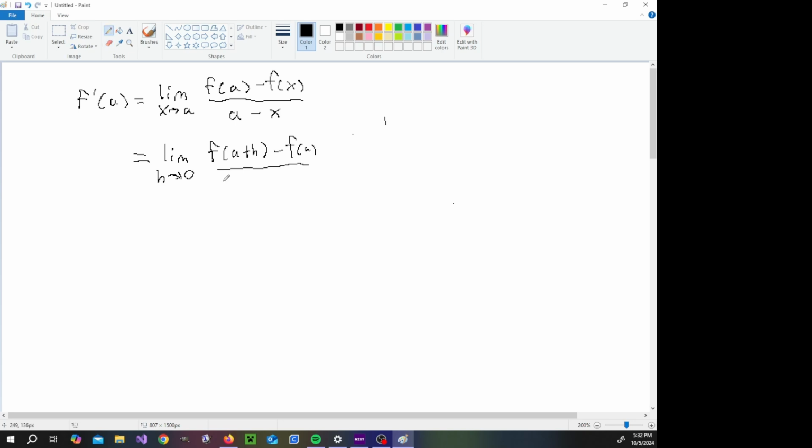This comes from plugging in a plus h minus a, but we don't write it like that, right? Because that simplifies down to just h in the denominator. And both of these give us the derivative at a.